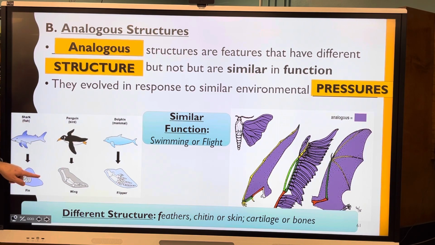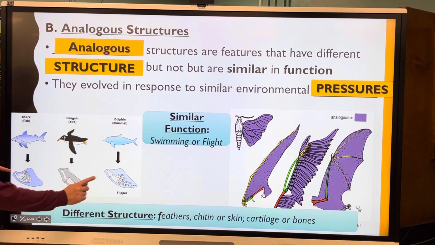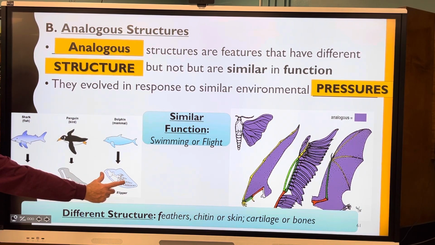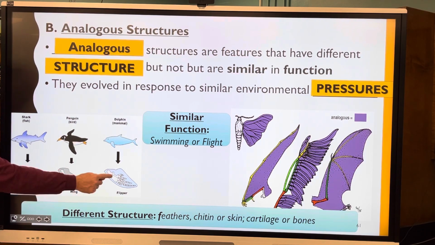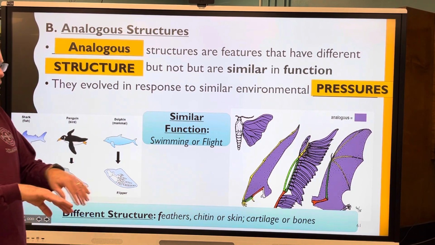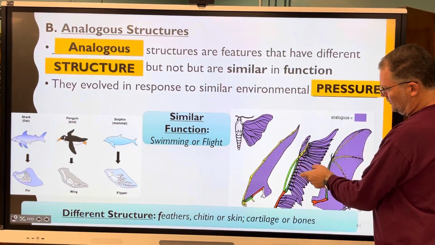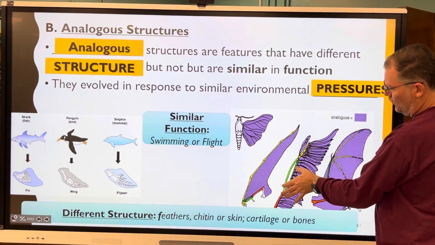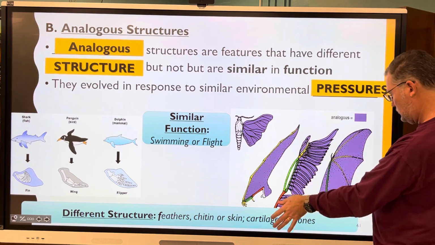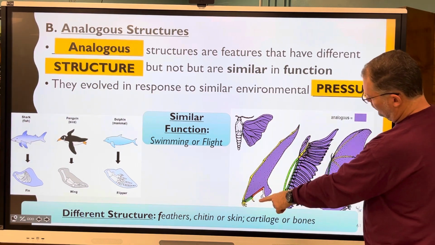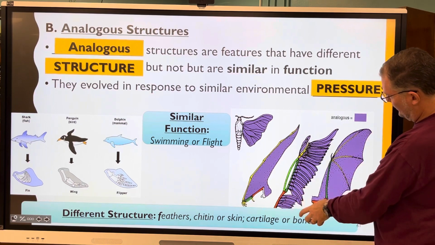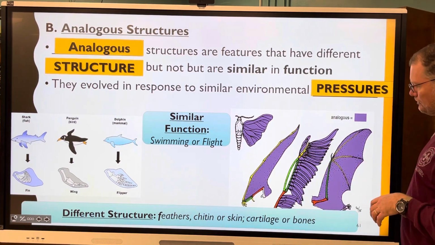So sharks have a flipper, but look at the difference in structure, okay, between a fish, a bird, and a mammal. But they all do the same thing. They propel the organism through the water. Look at the flight mechanisms of a moth. That looks like a pterodactyl, I guess. A bird and a bat, okay?